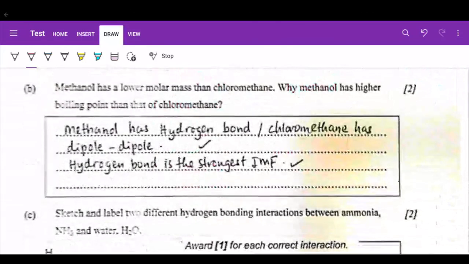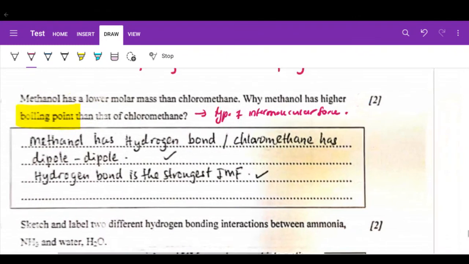Okay, B. Methanol has lower molar mass than chloromethane, while methanol has higher boiling point than chloromethane. When the question asks about the boiling point, please explain based on type of intermolecular force. On intermolecular force, we have hydrogen bond, we have London force, we have dipole force.